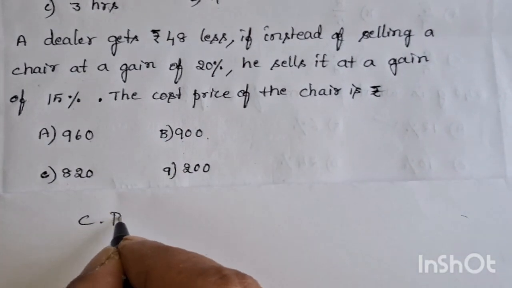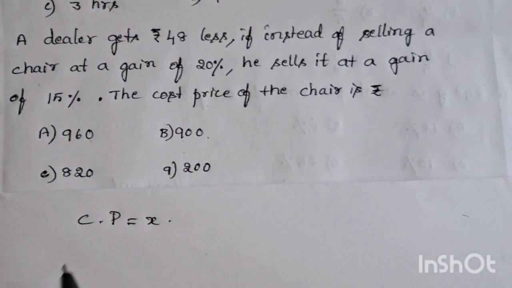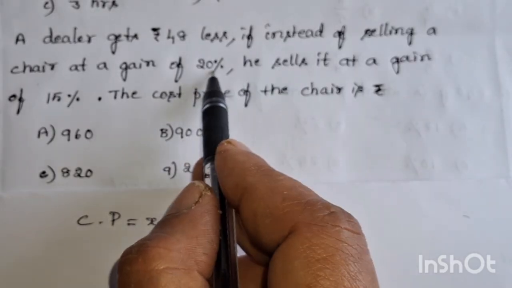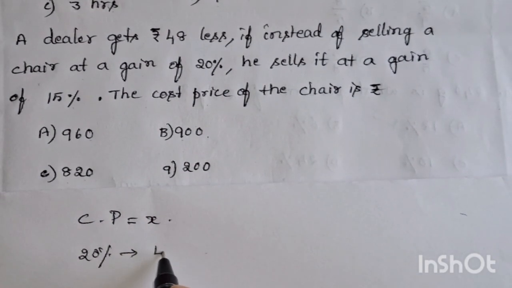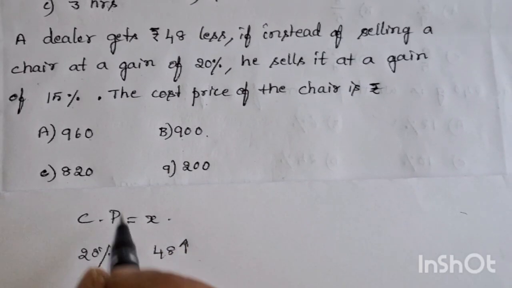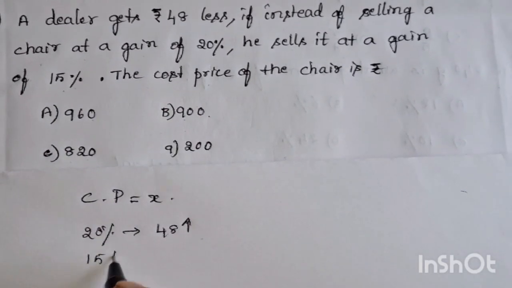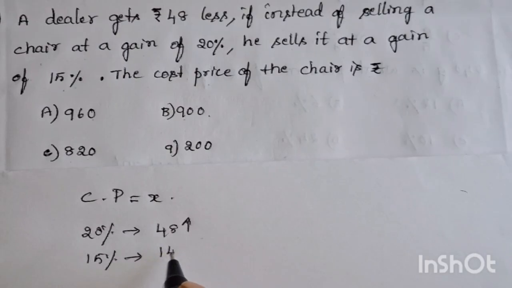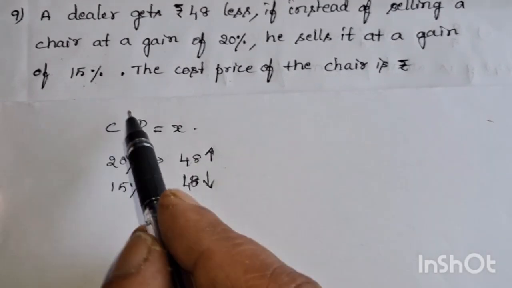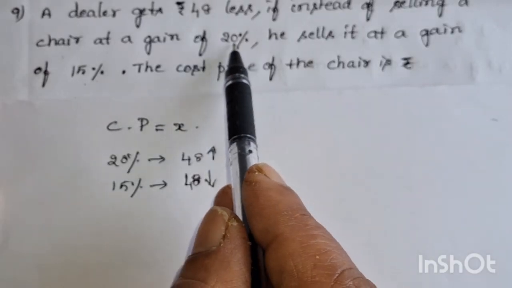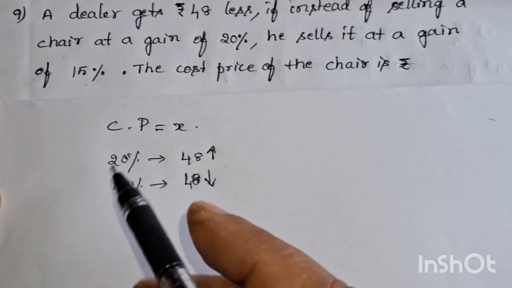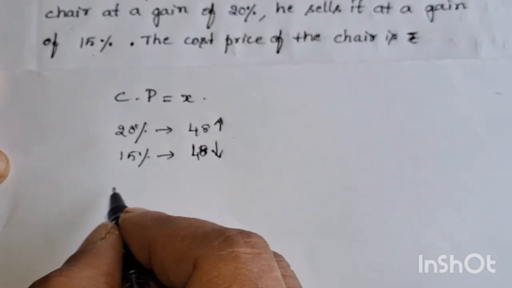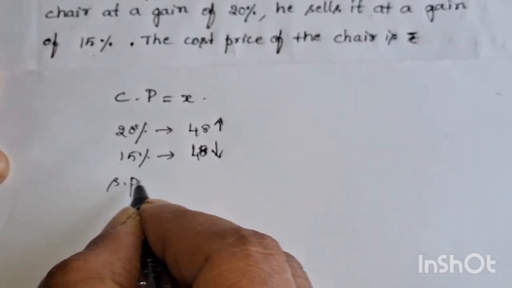Let the cost price be X. The dealer was to get 48 rupees more if he had sold the chair at 20%, but he sells it at a profit of 15% and gets 48 rupees less. For this calculation, we need to find the difference between the two selling prices, that is selling price at the 20% gain and selling price at the 15% gain.